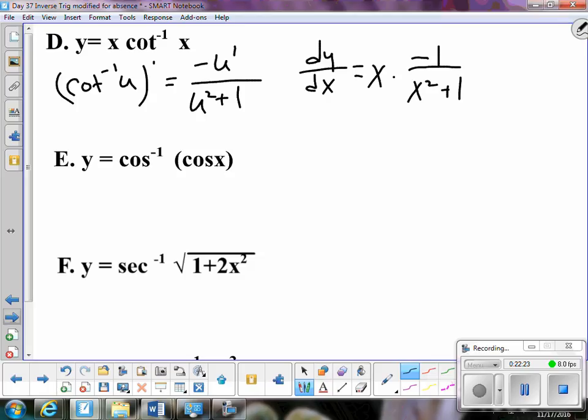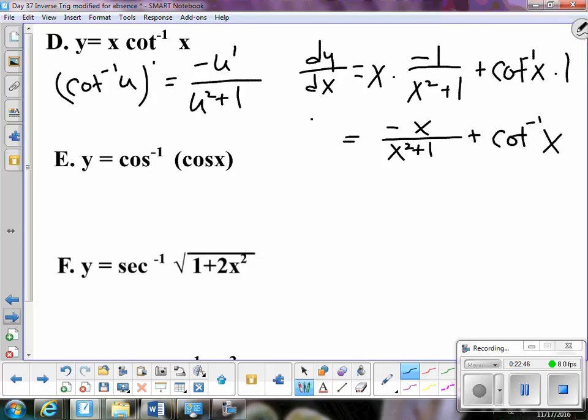So far we have first times derivative of the second, and then we have plus the second, the inverse cotan of x, times the derivative of the first. Now, if you want to put that x up in the numerator, you want to write it as negative x over x squared plus 1 plus the inverse cotan of x. That would look nicer.